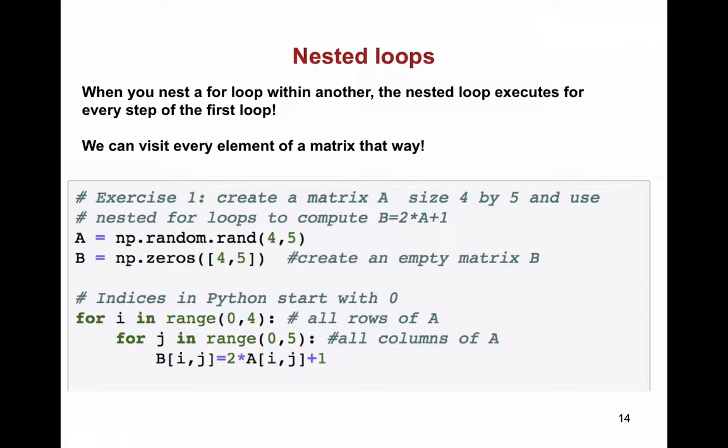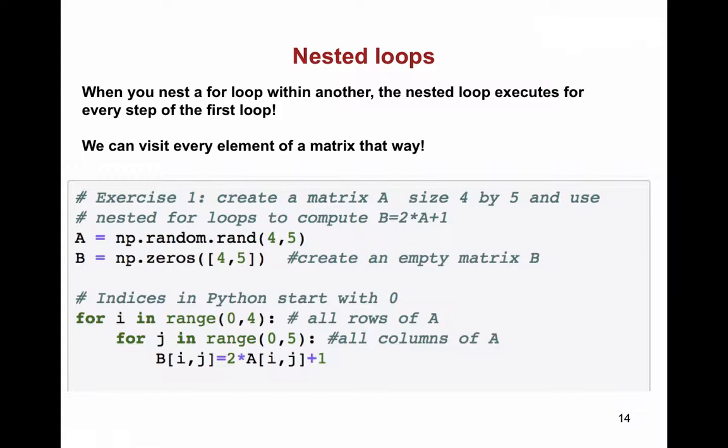This is equivalent of saying, go to row 1 and then repeat for all of the columns in that row. Then move on to the next row and repeat a loop for all of the columns in that row. So this second loop, the J loop, executes for every I row.